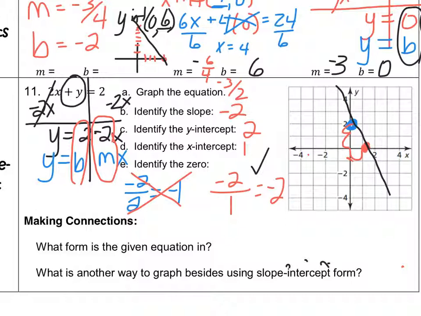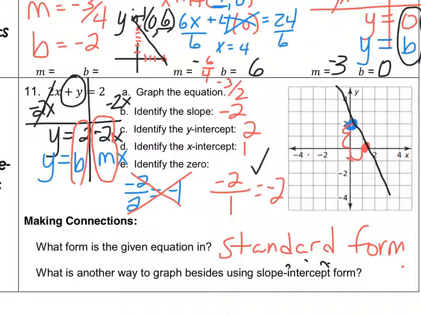Okay, and then if we just look at these last 2 questions, it's asking what form this equation was given in. Well, it was actually given to us in the standard form, where our x and our y were over on one side and our constant was on the other. And what we did was we solved it for the slope-intercept form. We solved it for y so that we could see what the slope and the intercept were.